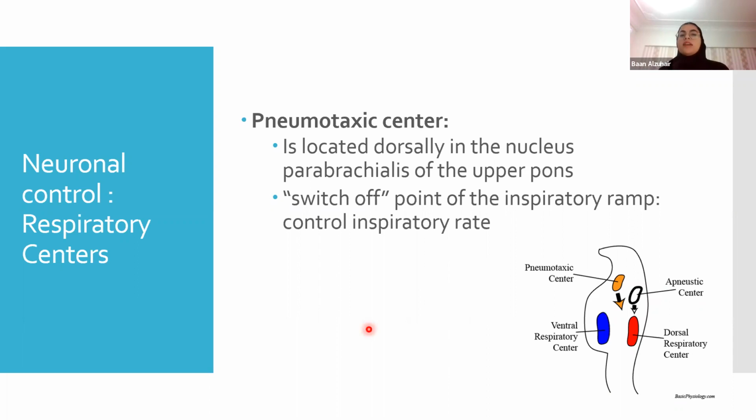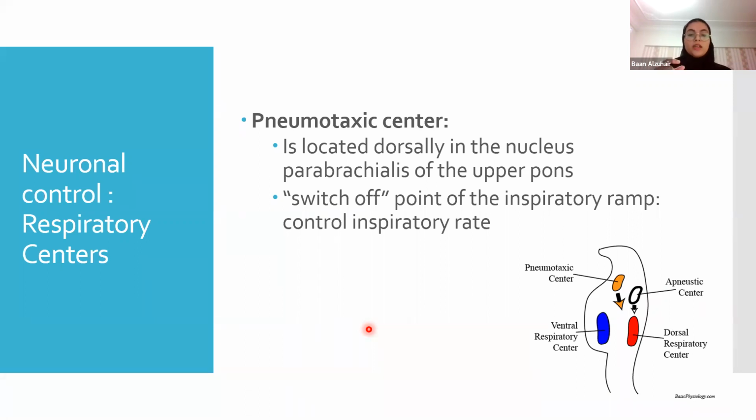The problem with the pneumotaxic center is it has to be balanced, okay? You cannot send too strong signals or too weak signals. I'm going to tell you what happens when it does either. So when the pneumotaxic center sends strong signals, your breath is going to be cut prematurely.